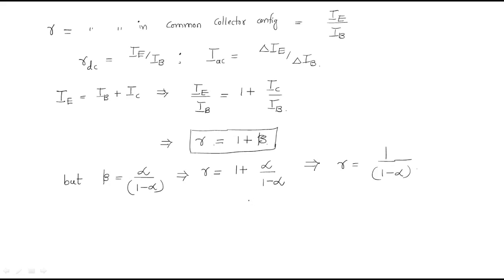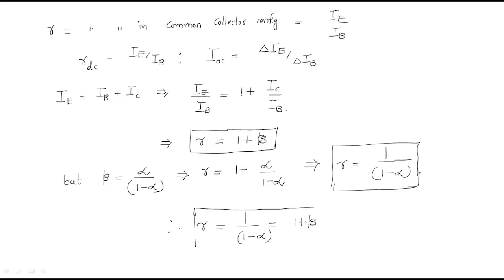Therefore the complete relation is gamma equal to 1 by 1 minus alpha equal to 1 plus beta. So this is the relation between alpha, beta and gamma.